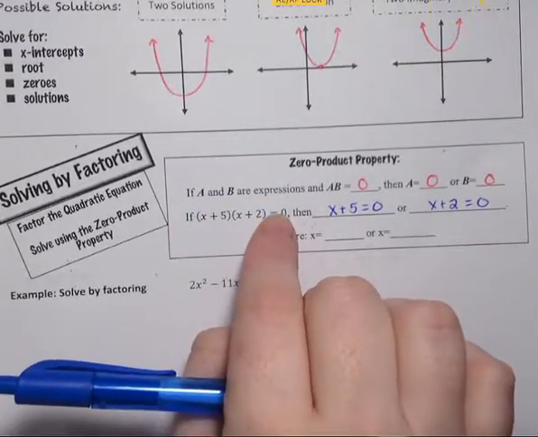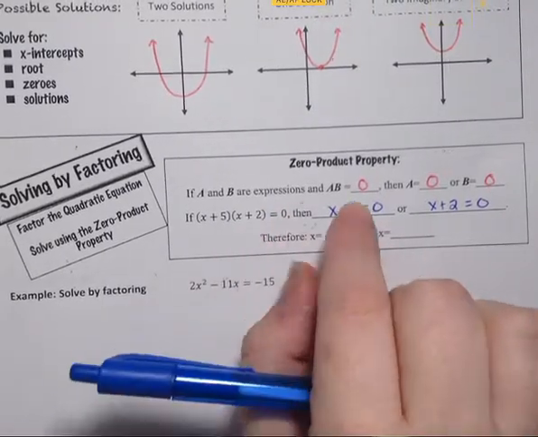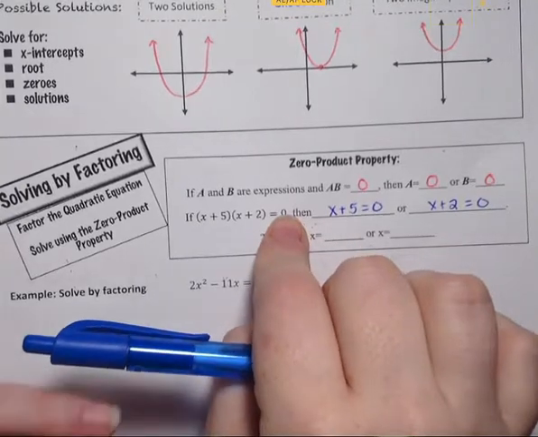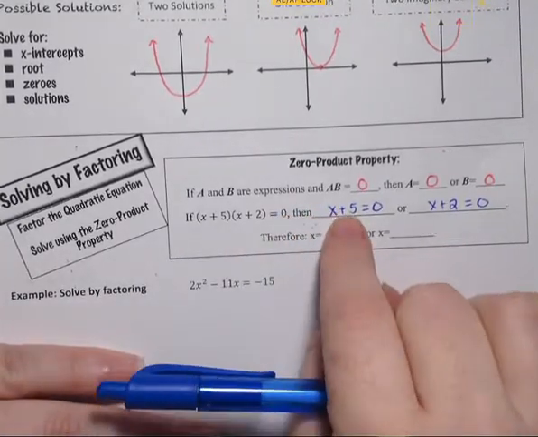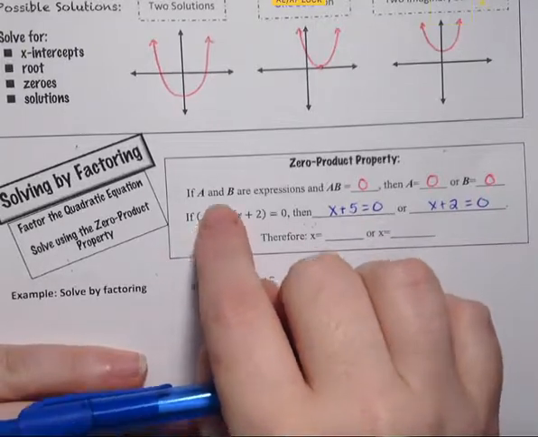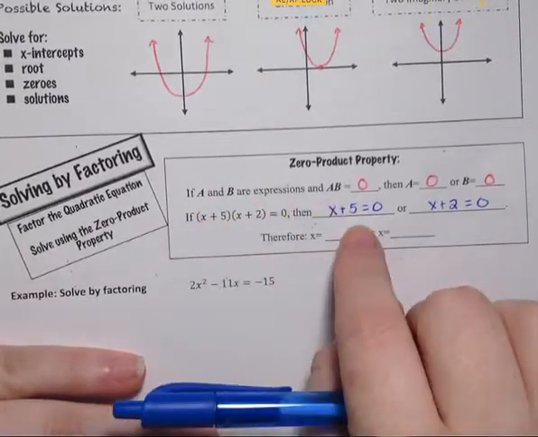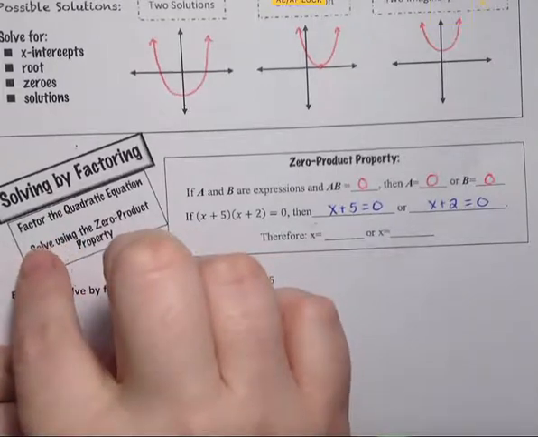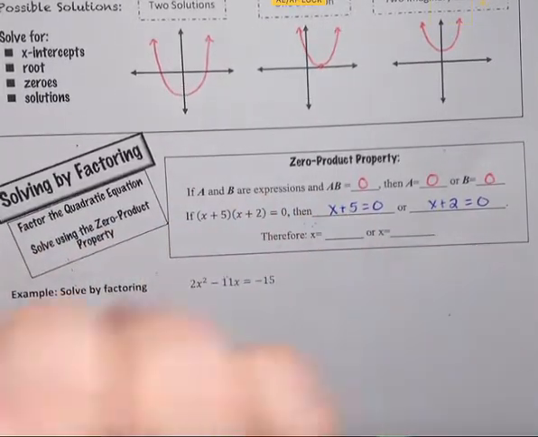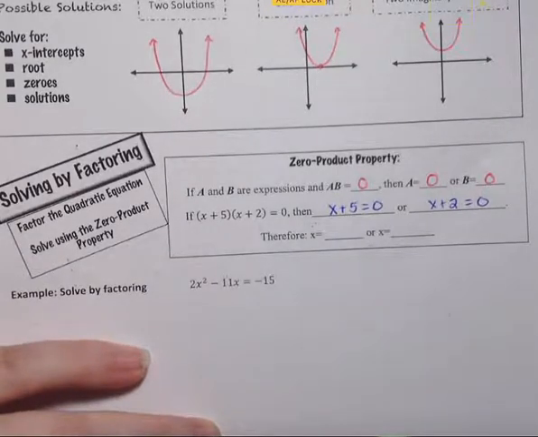And we know that the equation has to be 0, so we want to find the values that could make this equation 0. If the x plus 5 is 0, what plus 5 will give us 0? If we solve using the zero product property, we subtract the 5, and x would equal negative 5.